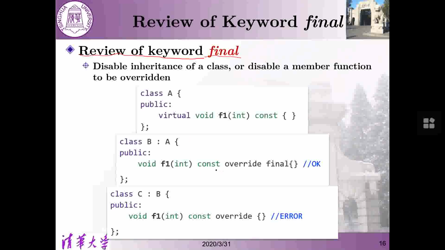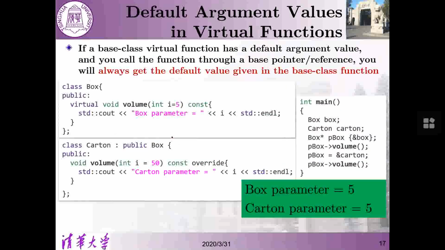For example, if we have this override here in class B, and then in class C we try to override this F1, there will be an error because we have final here. So this function cannot be overridden in derived classes. This is the keyword final that can be used in combination with the override keyword.